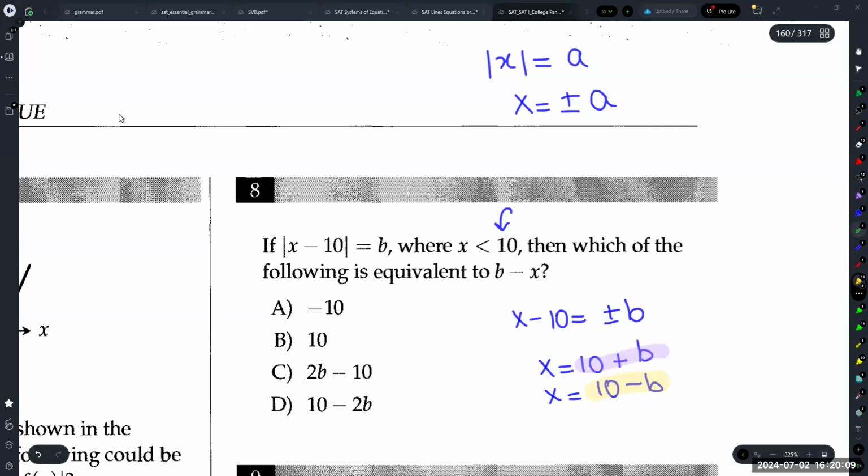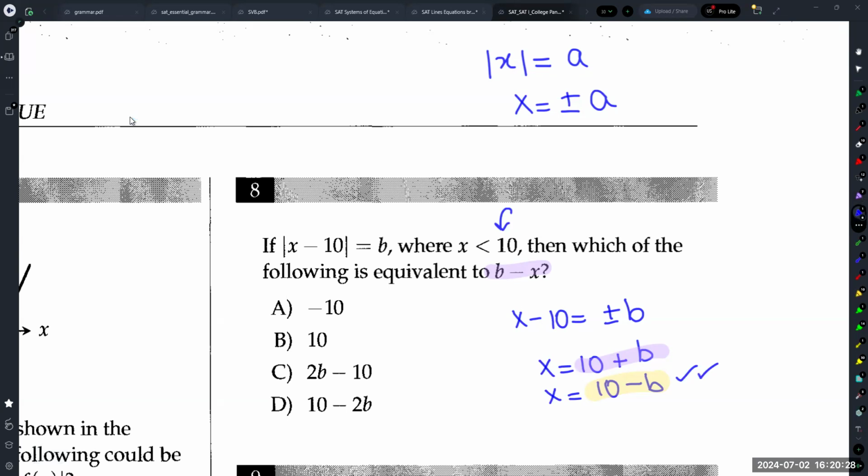Do you agree with my selection of answers? X is 10 minus B. Then they asked, what is the equivalent of B minus X? All your options don't have X in it.